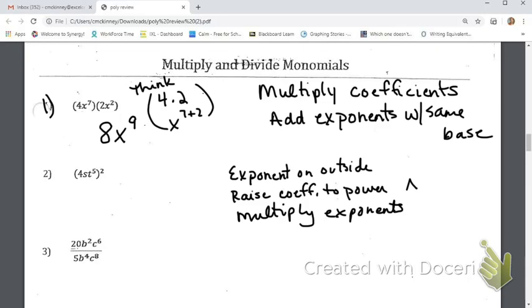So 4 to the second is 16. And then each exponent gets multiplied separately. Remember, if something doesn't have an exponent, it's understood that it's starting out with a 1 for the exponent. So then S, 1 times 2, 2.